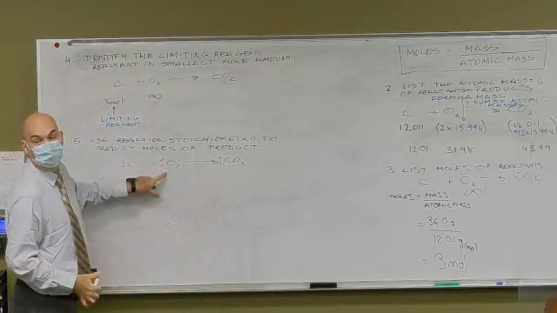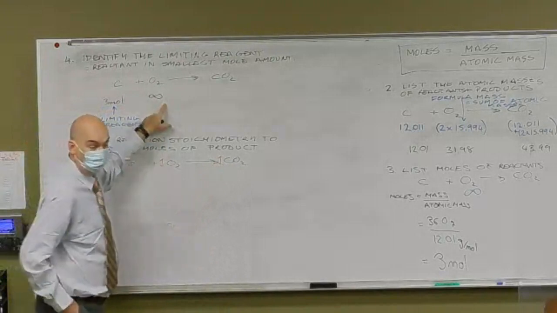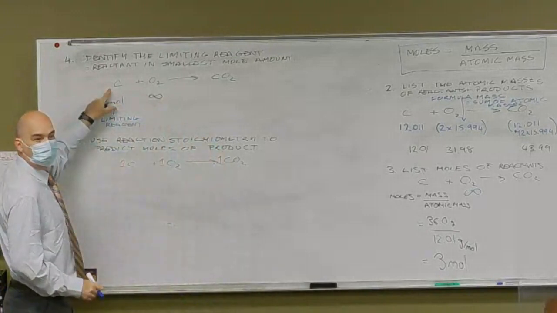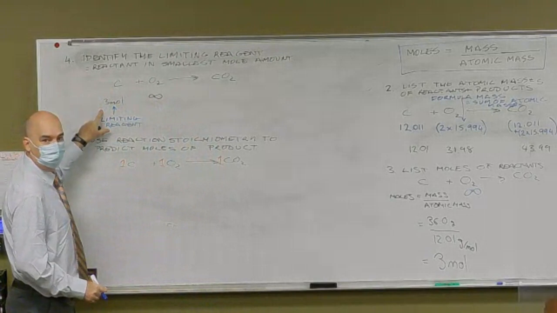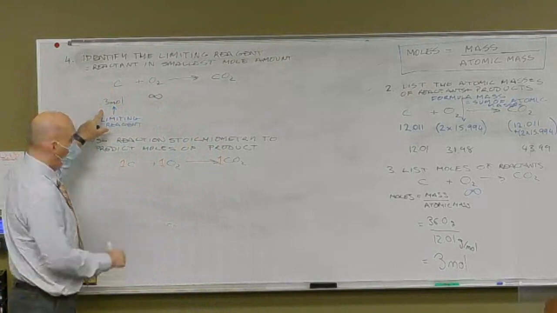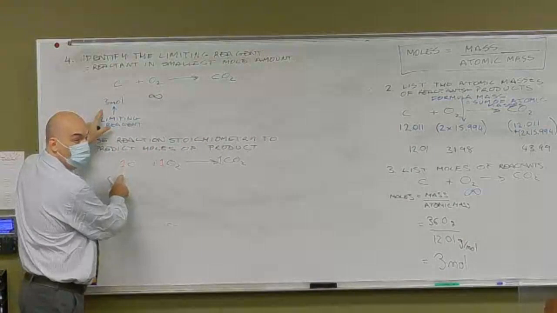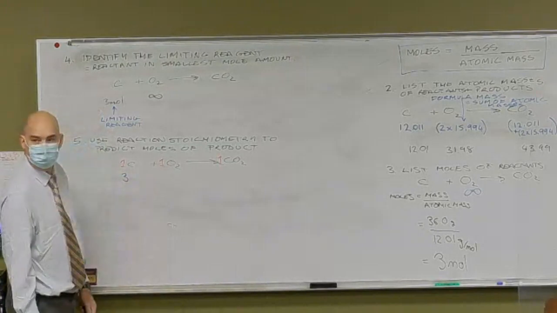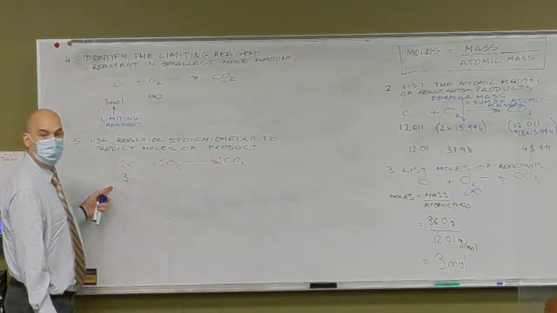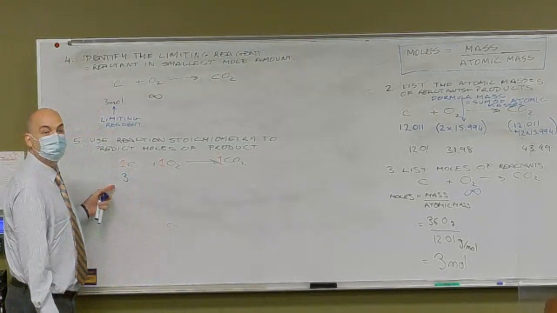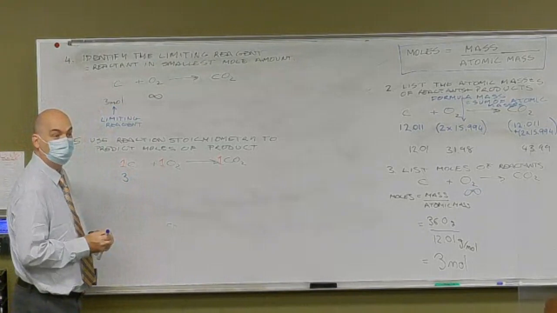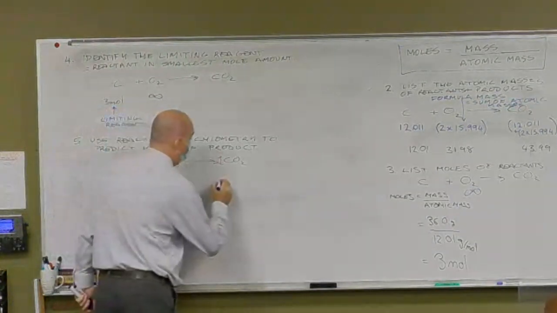It turns out that I don't have one oxygen. I have an infinite number of oxygens. And I don't have one carbon. I have 3 moles of carbon. The stoichiometry in a reaction like this is the number of moles. I've got 3 carbons. What's the maximum number of carbon dioxides I can make? 3 moles of carbon dioxide.